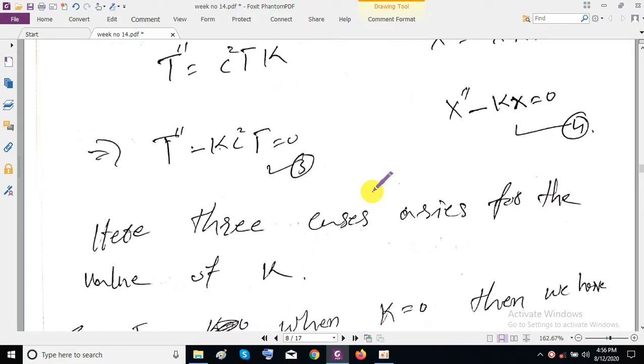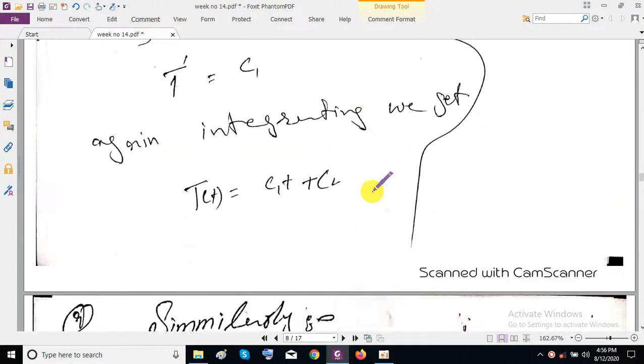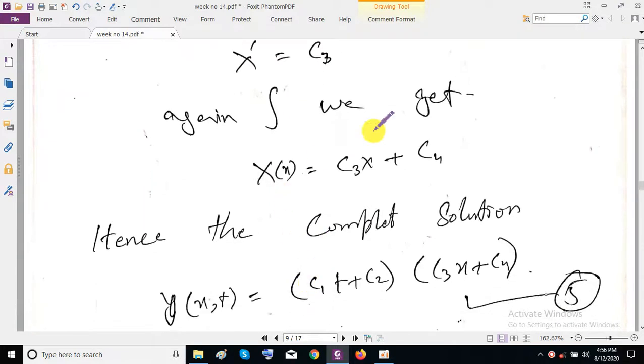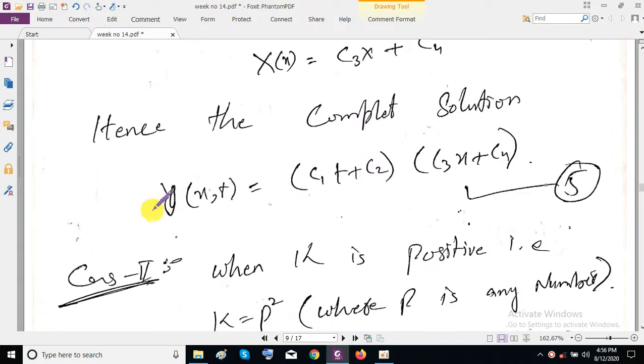So as we here we get the value of t, which is this one, and the value of x of x on this one. So put in equation 2 we get the complete solution in the form of this: y of x, t is equal to c1 t plus c2 into c3 x plus c4, and we call them equation number 4. Okay, in this case look at this is just a linear function.